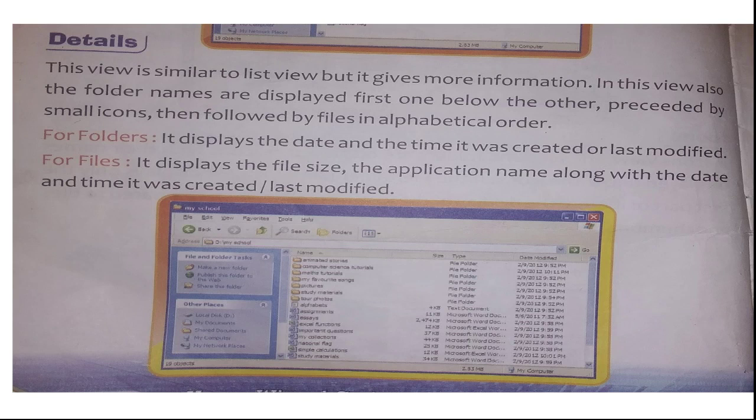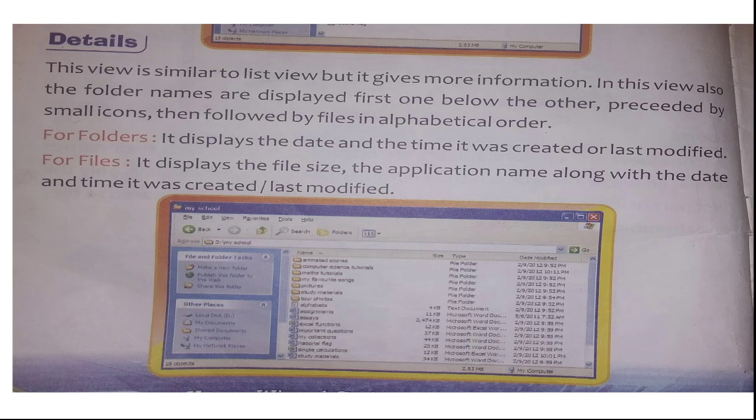For files, it displays the file size, how big the file is, and the application name. If it is a paint file, this will show you it is a paint file. If it is a PowerPoint file, it will tell you it is a PowerPoint file. If it is an Excel file or a document, it will tell you so.